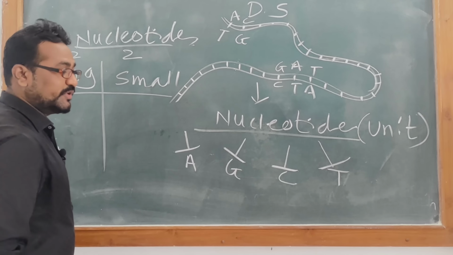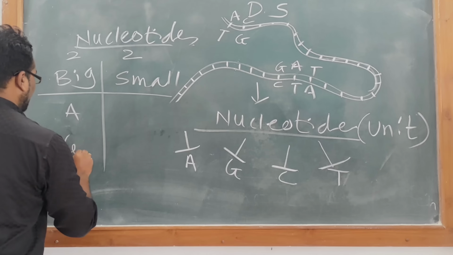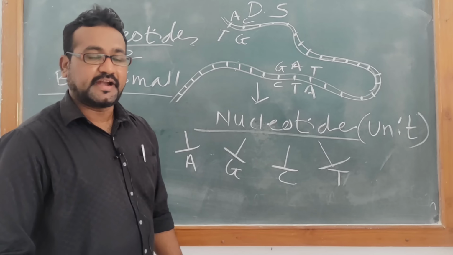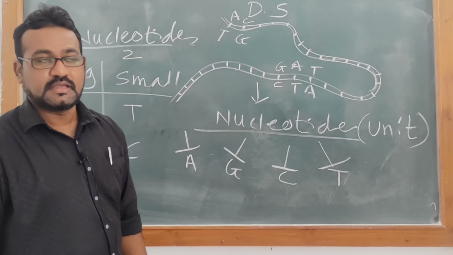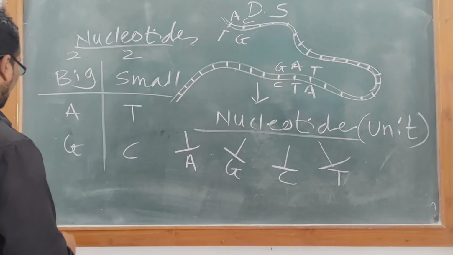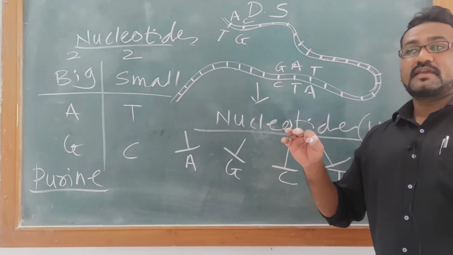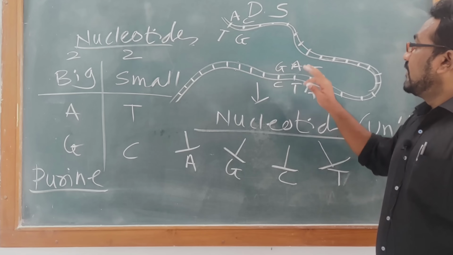Big nucleotides are A and G, and small nucleotides are T and C. The big nucleotides are known as purine. Remember this word, this is very important. I am simplifying as much as I possibly can.